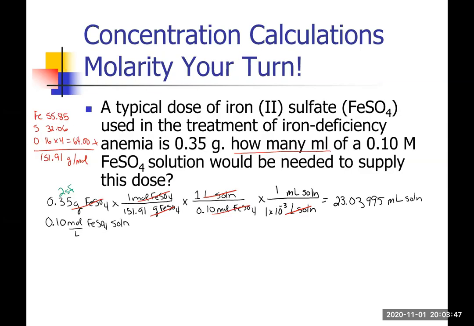And the other thing that I took out of the problem are these 2 significant figures here. That's it. So my answer is going to have 2 sig figs, which puts me here. When I evaluate the next digit over, it's 0. So that means I have 23 mils of solution.